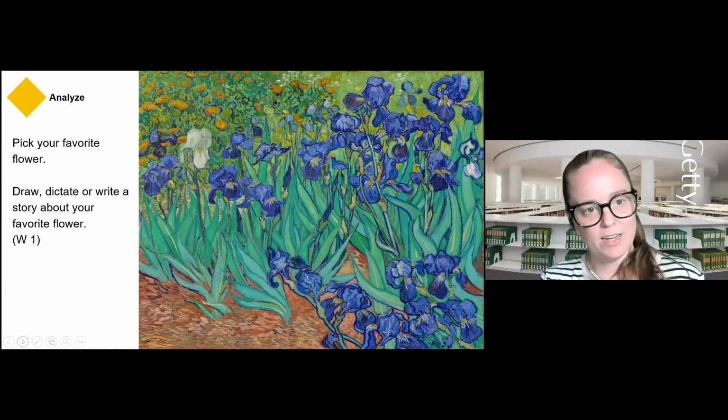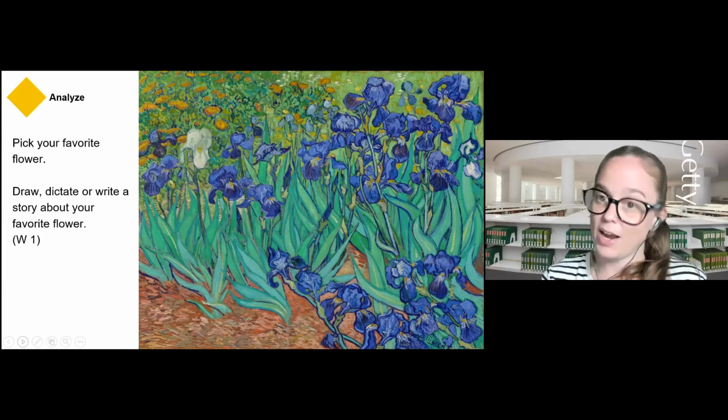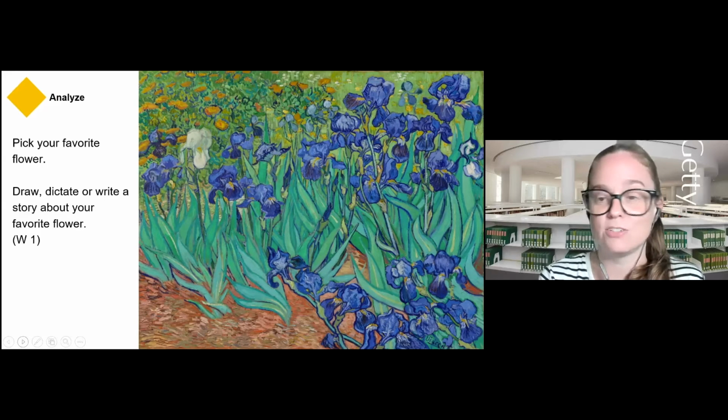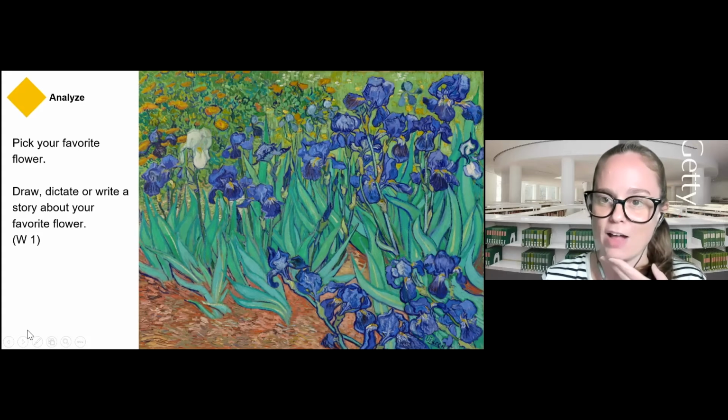For the next step, to analyze and figure out what the story is, or a story is, have students pick their favorite flower and write a story, draw a story, or dictate a story about their favorite flower.